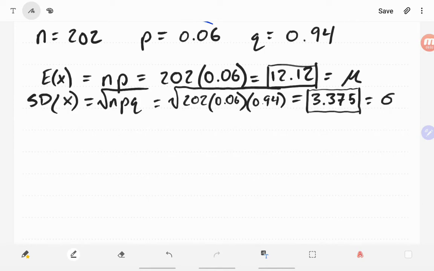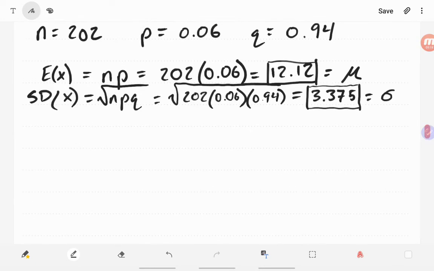Or you can just leave it in its normal units. So let's just leave it as is, and we can draw out our normal model with a mean of 12.12 and a standard deviation of 3.375.